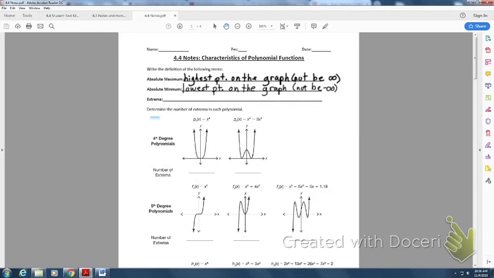Really, one of the new things is going to be what is called an extrema, which if you will change that S to an X, there's a typo on there. Extrema. This is when the graph changes directions.